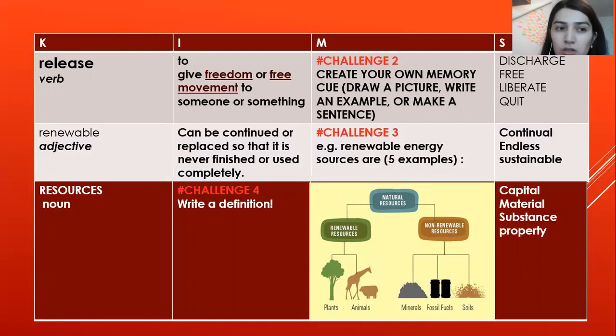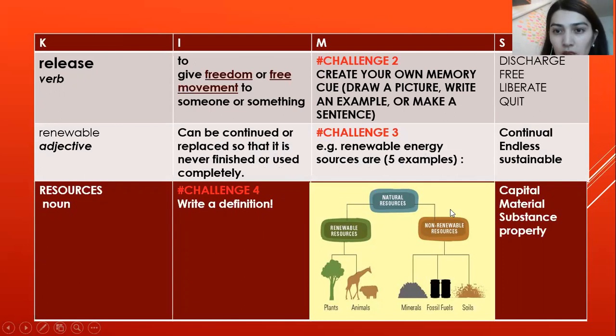It also depends on the context, so you should pay attention. Next word, renewable. Adjective. Renewable resources, for example, we have, right? It means can be continued or replaced so that it's never finished or completely used. Challenge number 3. You are going to give me 5 examples. What kind of renewable energy sources do you know?